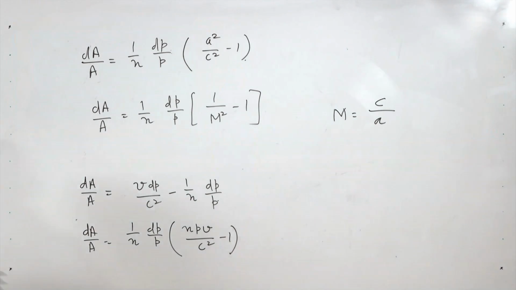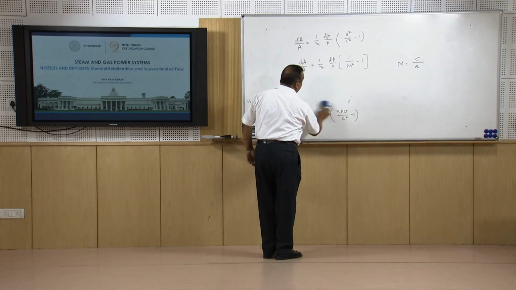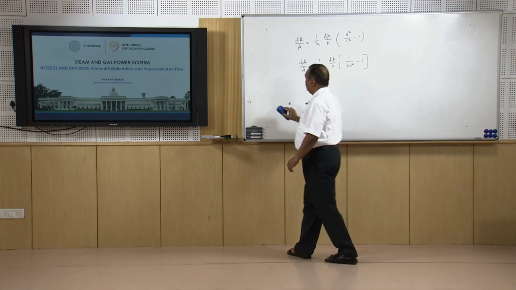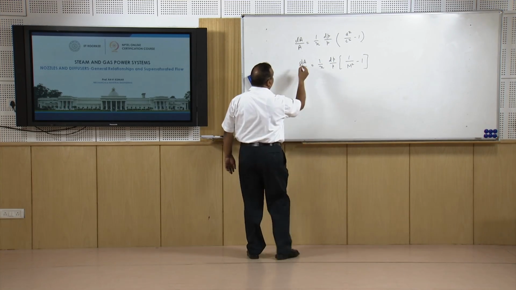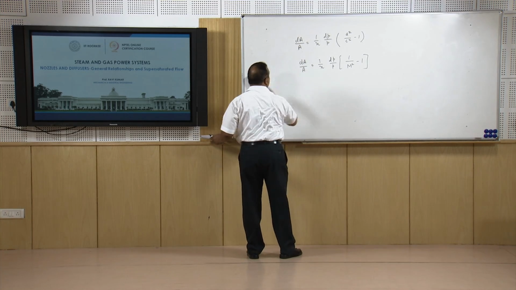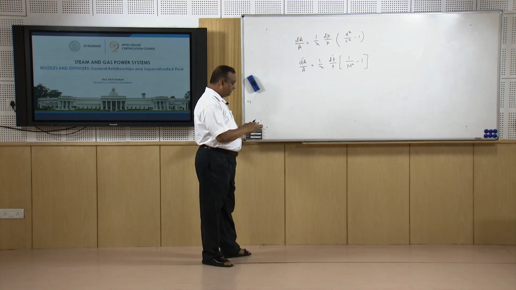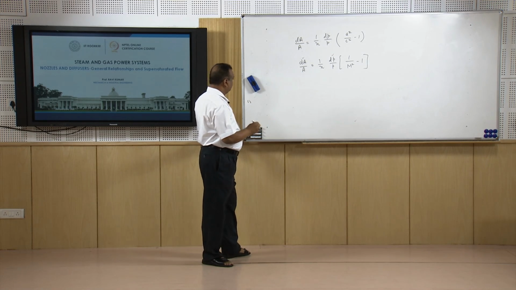Now this is the governing equation. Now this equation has two differential terms which are dA and dP. Let us start with the flow through the nozzle.